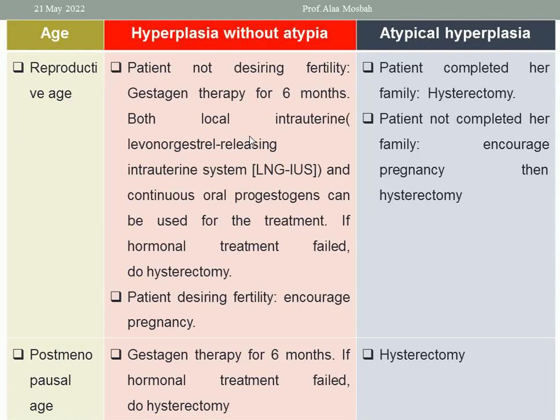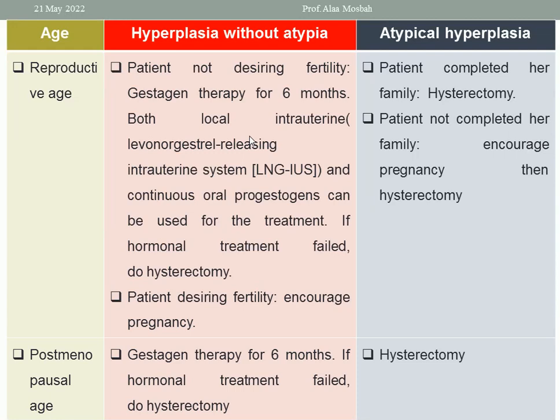What about the postmenopause lady with endometrial hyperplasia without atypia? I can give her gestagen therapy for 6 months, and if hormonal treatment failed, we are going to do hysterectomy. What about atypical hyperplasia in the woman of reproductive age? If the patient completed her family, we should do hysterectomy.